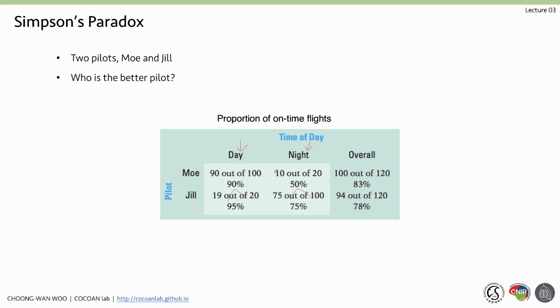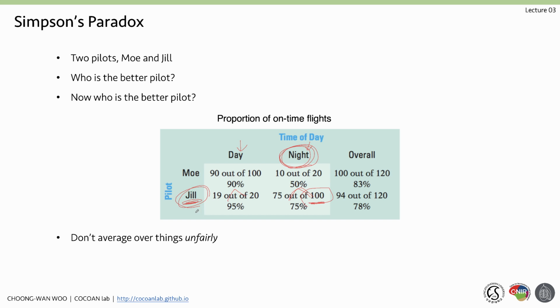This is because of the different difficulty. For night flights, there is a low probability of arriving on time. And Jill got many more night flights because Jill was the better pilot. So now, who is the better pilot? Jill, for sure.